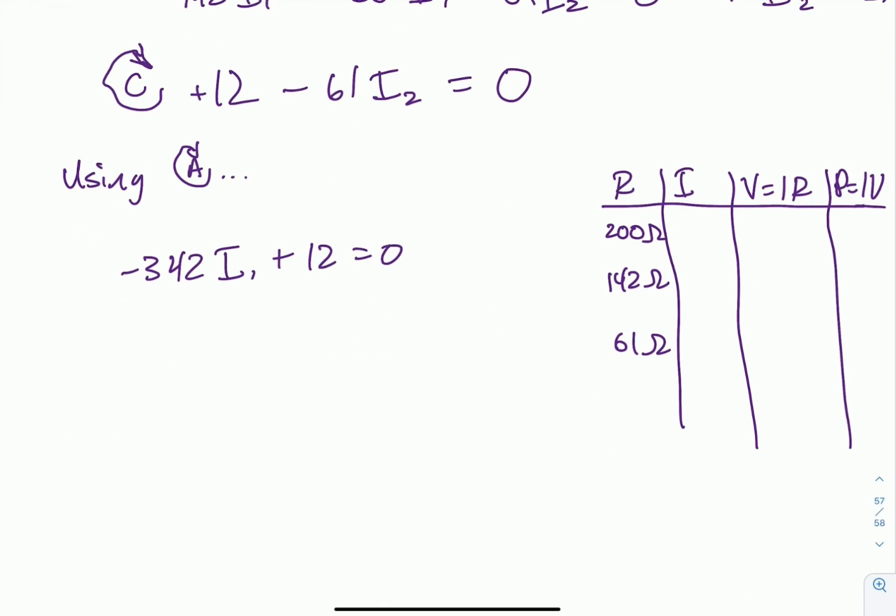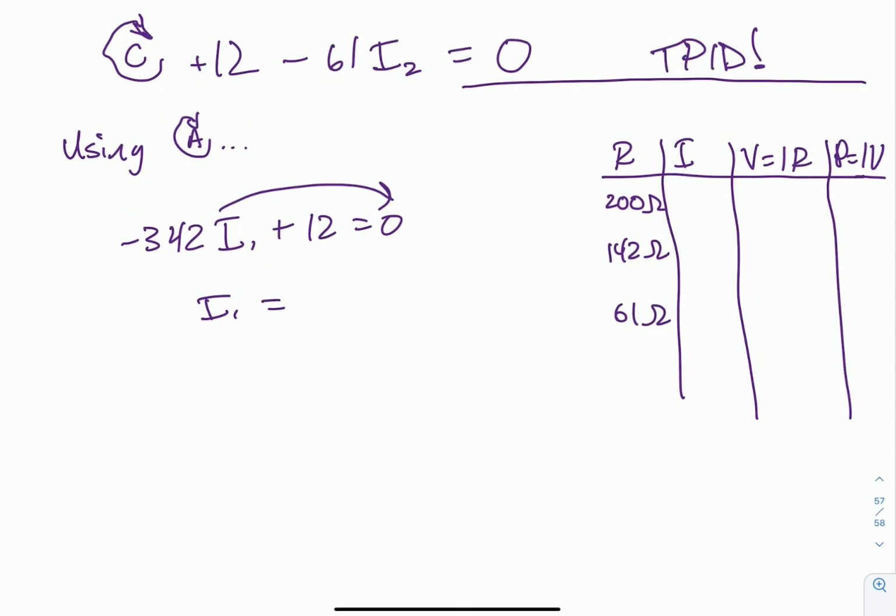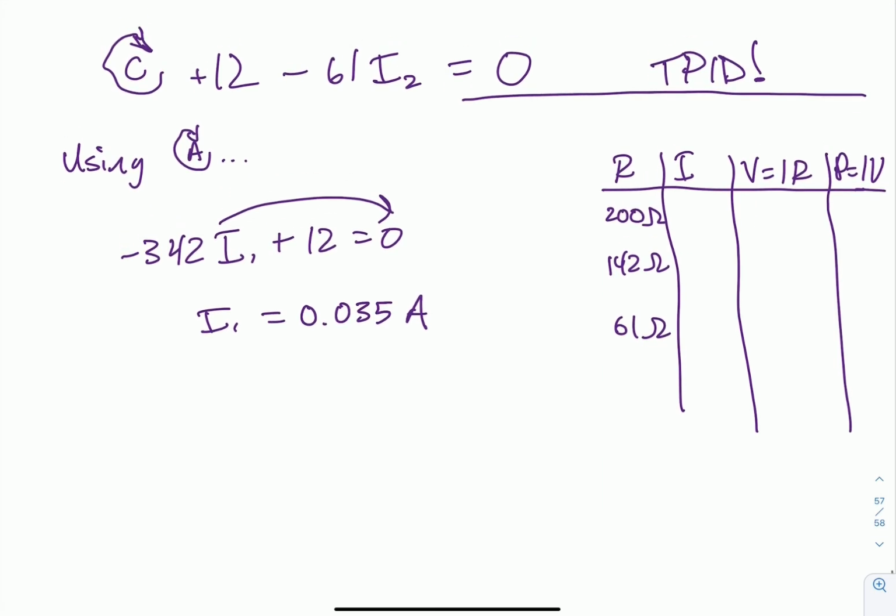And so I can solve for I1. I1 is, and so I would add this over and divide 342 by both sides. And so I1 will be 0.035 amp. Knowing that I1 goes through R1 and R2, we can input the current into our solutions table.